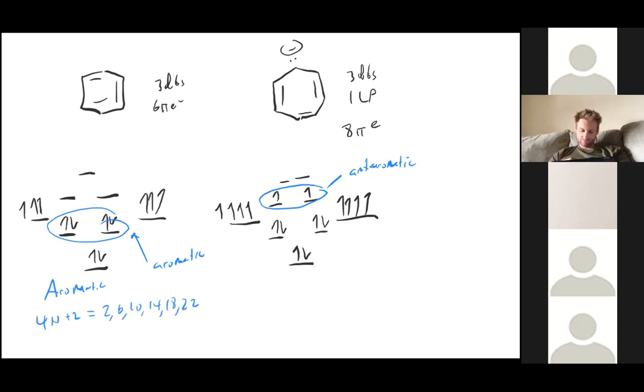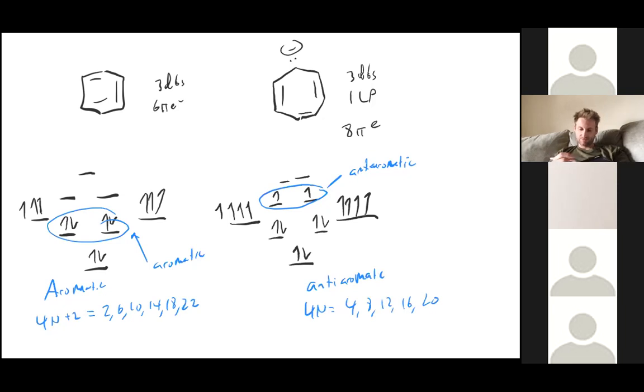Our anti-aromatics would be 4, 8, 12, 16, 20.